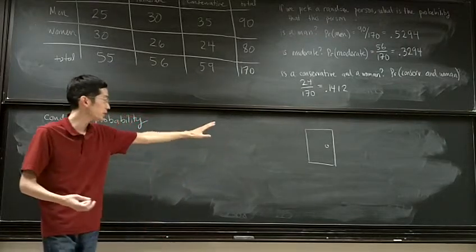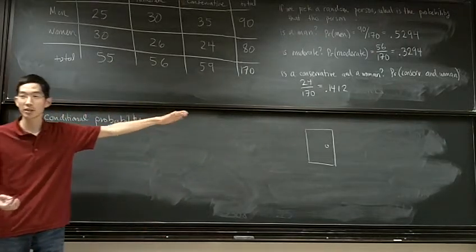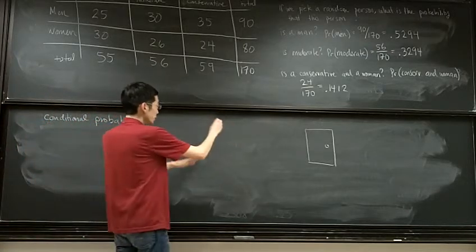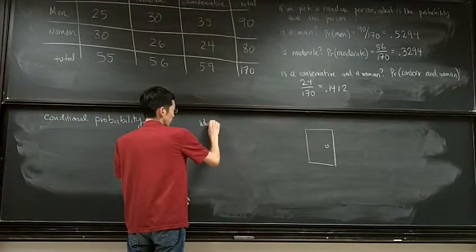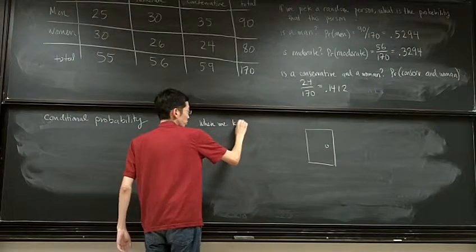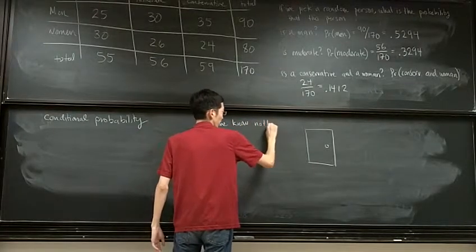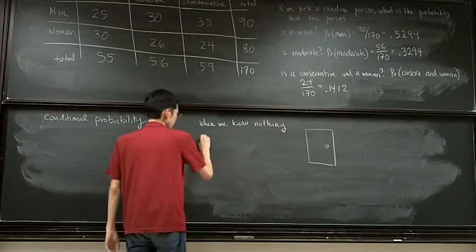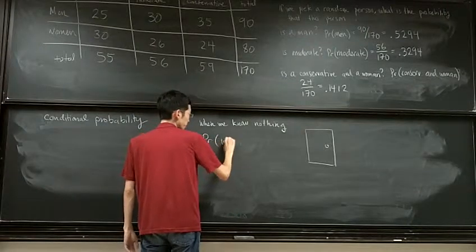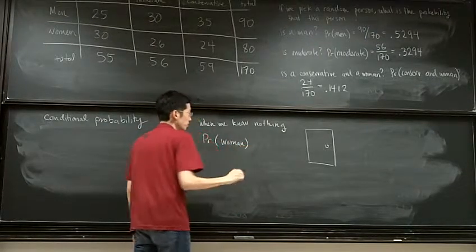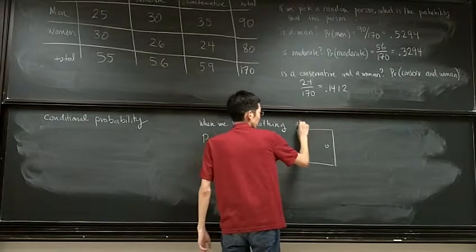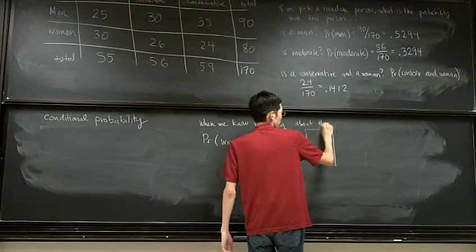So let me put that in equation form. When we know nothing, we might say the probability that the person is a woman, when we know nothing about the person who is randomly selected.